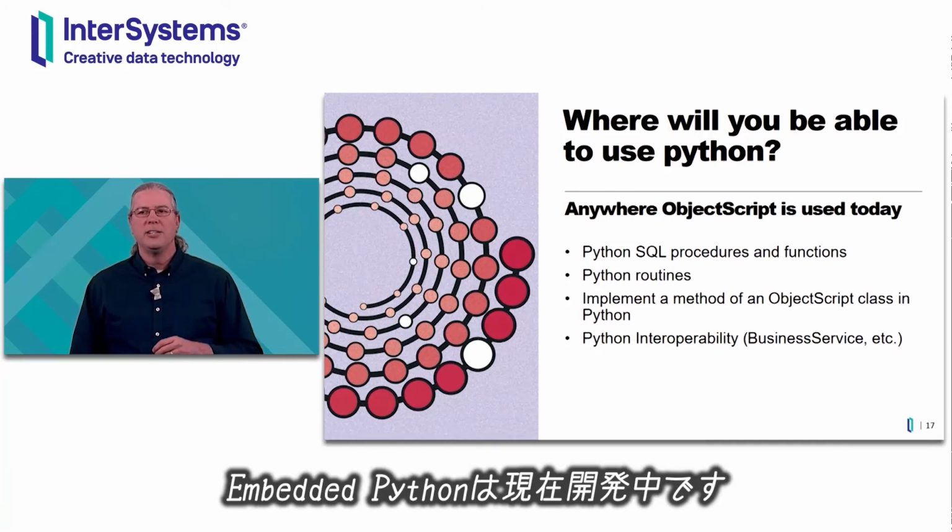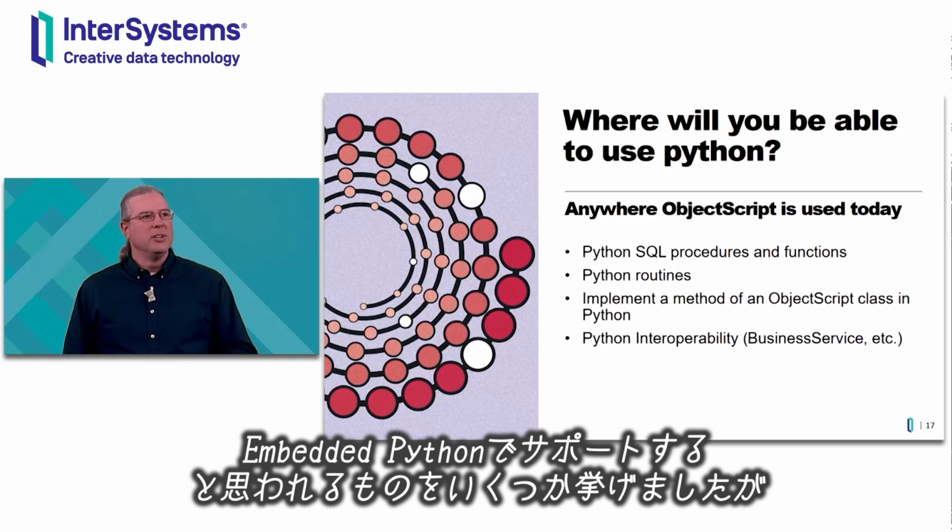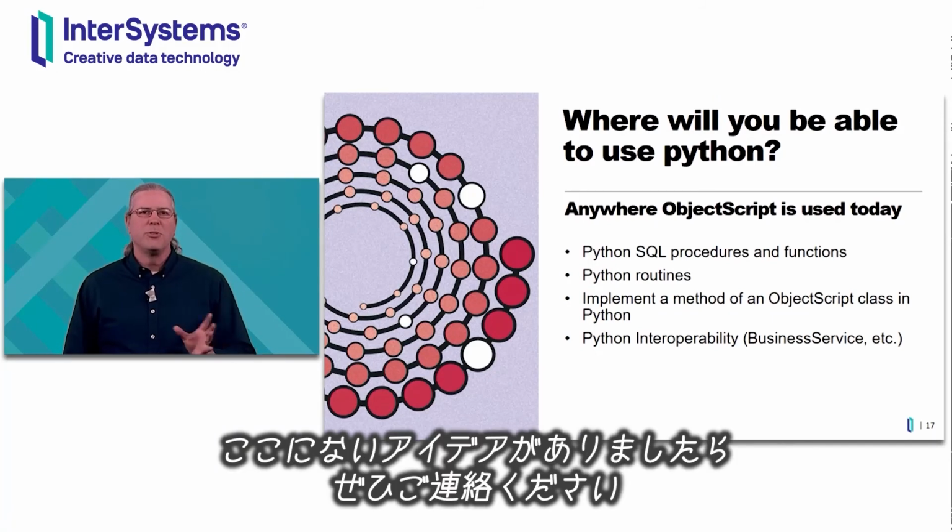Embedded Python is a feature that is still in active development, and we anticipate rolling it out in phases. I've listed here a few things that we anticipate supporting Embedded Python with, but I'm sure that there are ideas that you have that have not come to my mind.